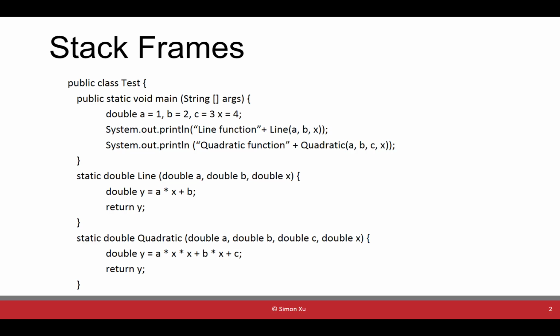After line is done, the control is given back to the main method, and the stack frame which represents line will be popped off the stack.